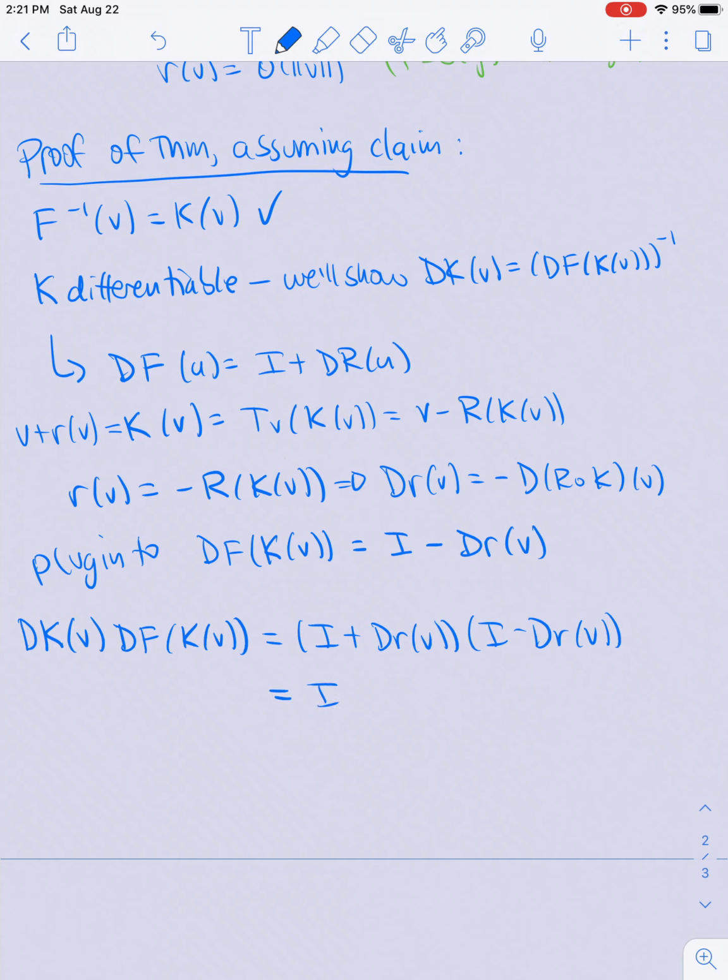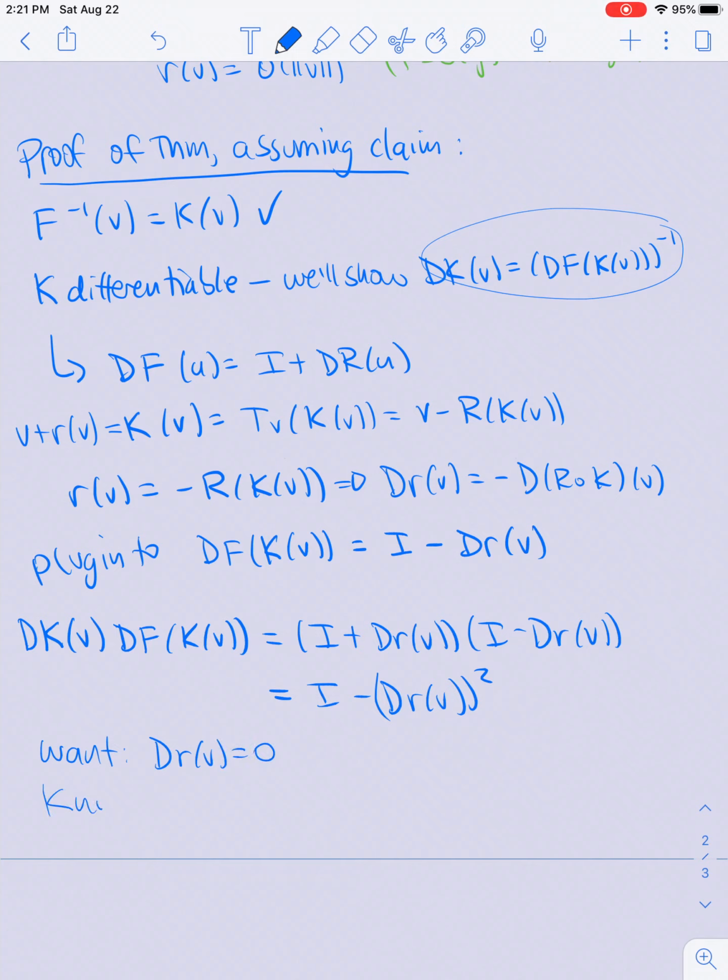And this is just I minus d little r at v all squared.